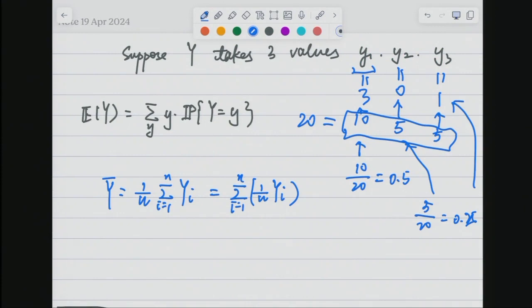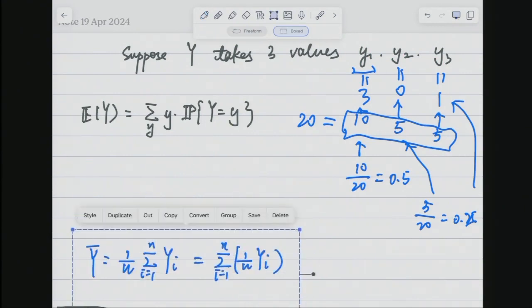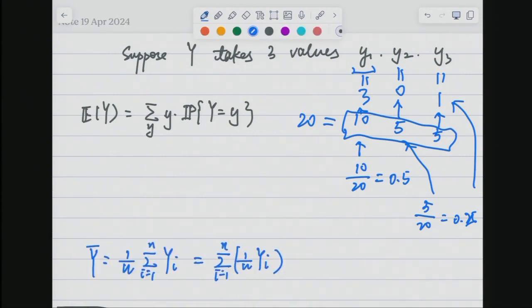Then in this case, we find the average value of y by simply weighting each possible value that it could take, okay? This little y represents all possible values that the uppercase Y, the random variable itself, can take. So uppercase is a random variable, lowercase y is a real number, it's just a constant. Then we weight 3 by 0.5, and it can be 0 with probability 0.25, and it can be 1 with probability 0.25, okay?